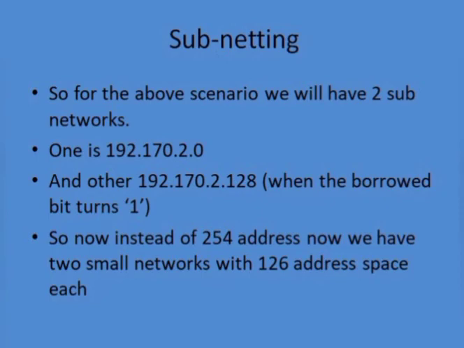So you just saw, by borrowing one bit, we can create two subnets. A whole network portion is divided into two. The first network ID is 192.170.2.0, and when this bit is 1, the next subnetwork ID will be 192.170.2.128.